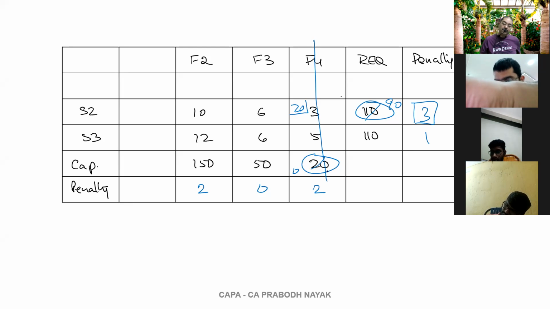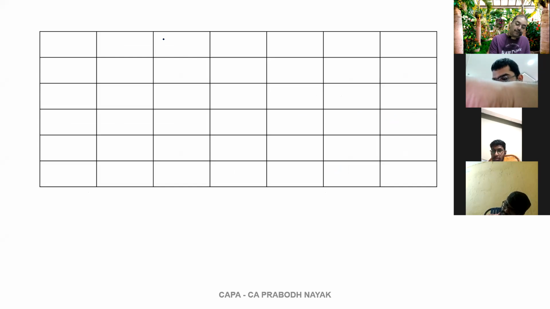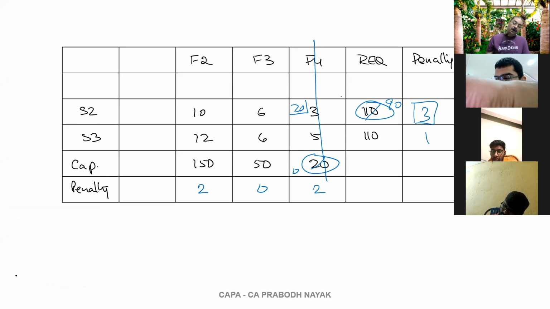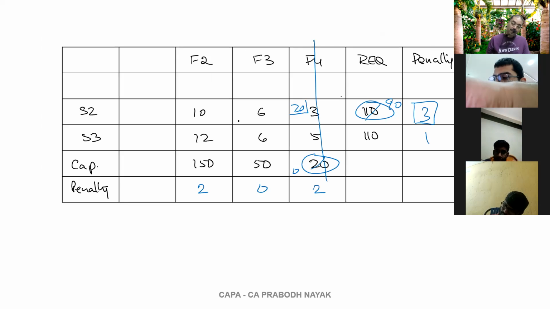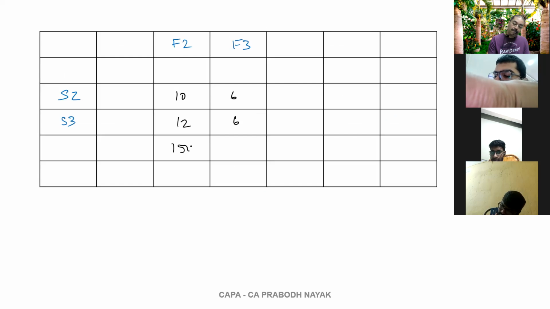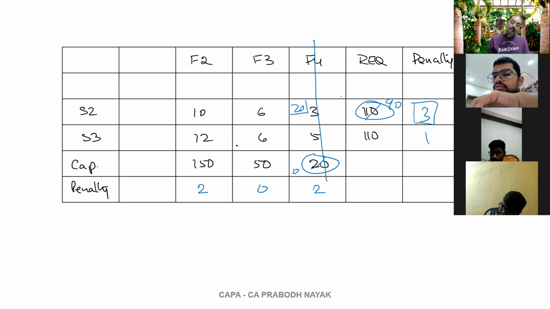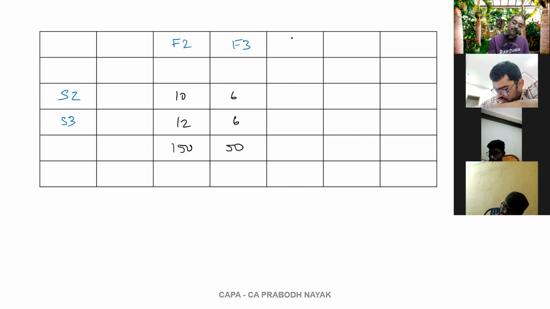So F2 and F3 remain, S2 and S3 remain. Ten, 6, 12, 6. 150, 50. 90 and 110.